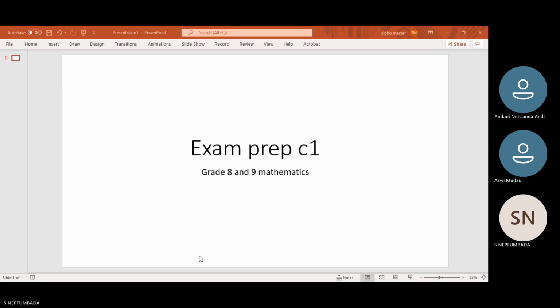So as far as we're concerned, let's say we've got this kind of equation. We're doing a revision of everything that we have covered.